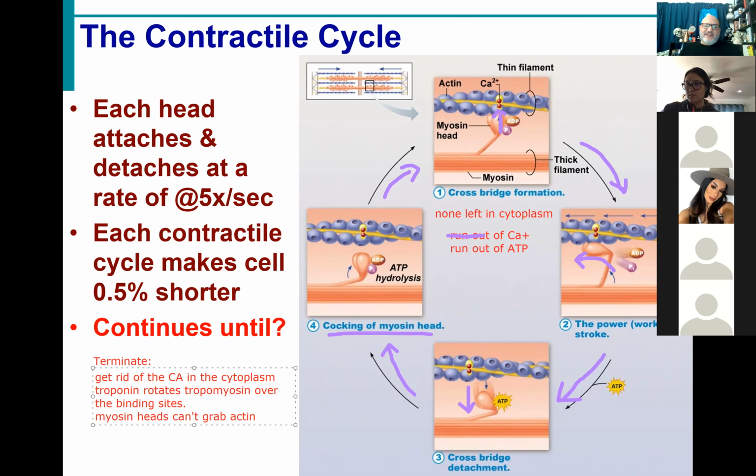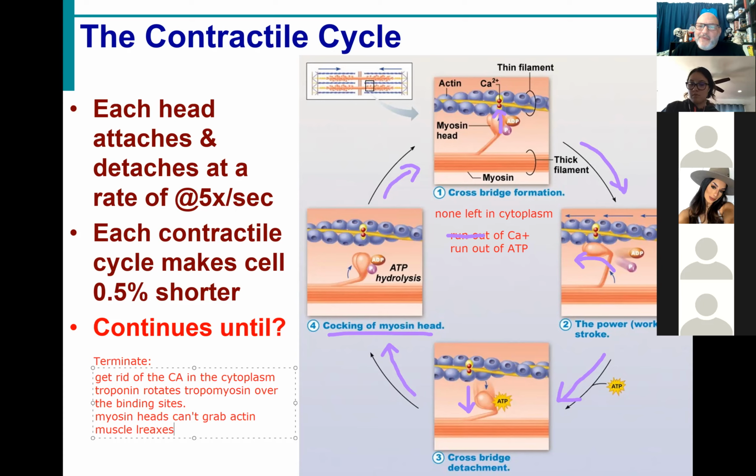And if our myosin heads can't grab the actin, they can't produce any tension anymore, and the muscle relaxes. And that's it. You can see why that doesn't make a good essay question. Anything that can basically be described in one sentence doesn't make a good essay question. And so you can see why, again, for our contractile cycle, we'll just have to explain the process and not worry about termination of it.